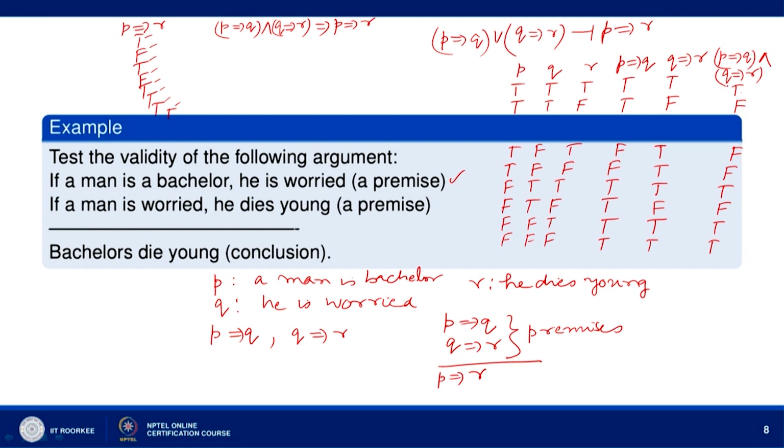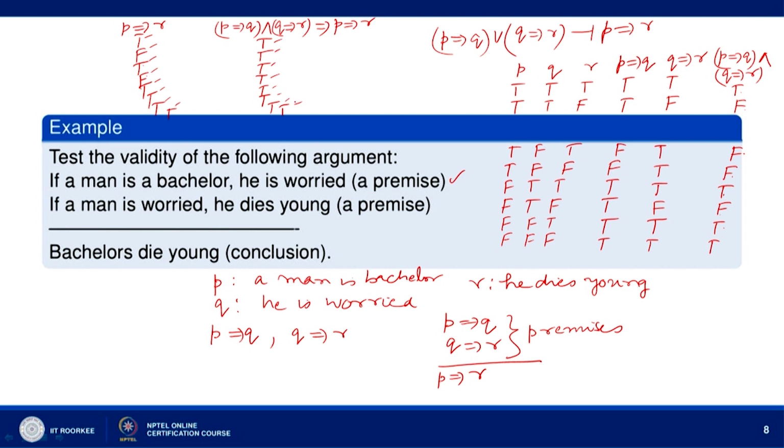So, T T gives T, then F F gives T, then F T gives T, then F F gives T, then T T gives T, okay, then T T gives T, F T gives T. So, F T gives T, then T T gives T, and T T gives T. So, 1, 2, 3, 4, 5, 6, 7, 8.